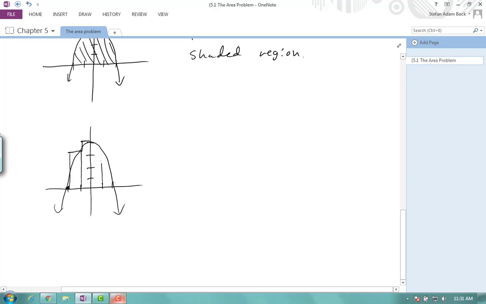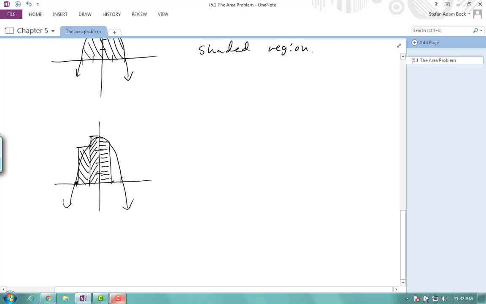Maybe another one here. So let's keep track of what we have. We have that rectangle, we have this rectangle. Let's maybe add another rectangle here and just use the right-hand side of that, but that's going to end up being an empty rectangle, which is probably okay because I have a little bit of overestimation on the other side.